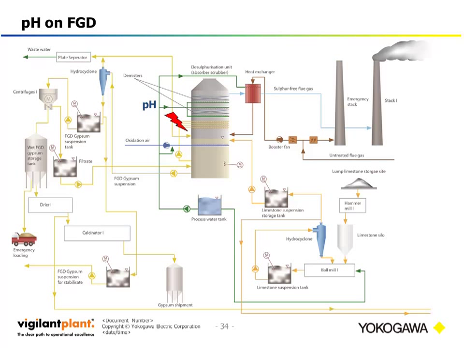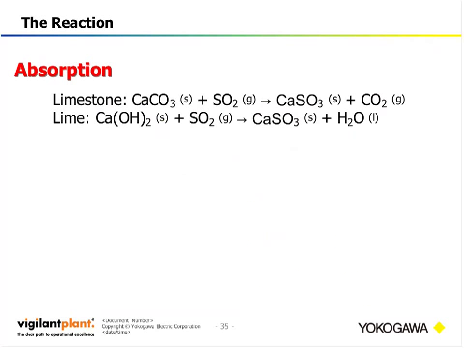In the limestone gypsum flue gas desulfurization systems, the consumption of the lime is controlled using pH analyzers, and it normally happens in two phases, absorption and then oxidation. After the fly ash removal, the flue gas is bubbled through the scrubber and the slurry is added from above.